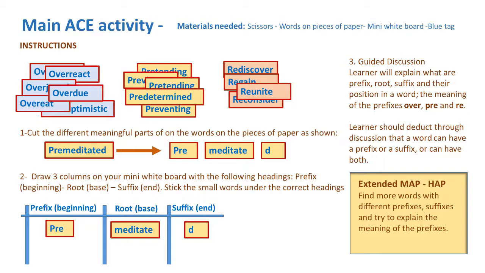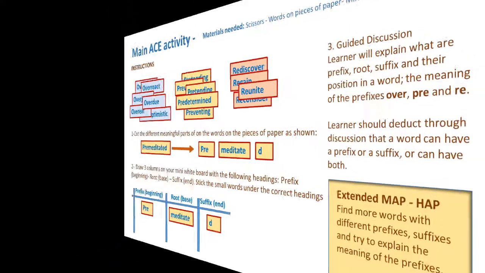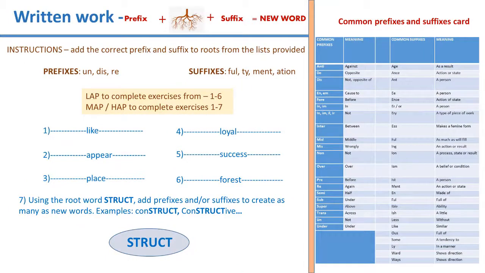As an extended activity, the child will try to find more prefixes on their own as well as suffixes and try to explain the meaning of the prefixes. Assistance will be given if required. In the next stage, the child will complete the written work. Some children will complete the exercises from 1 to 6, and others will complete all the exercises.